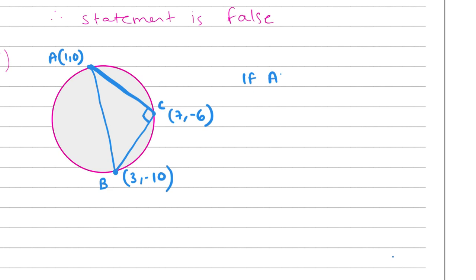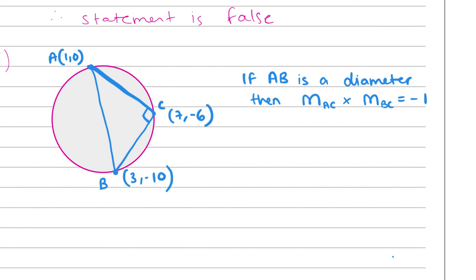So if AB is a diameter, then the gradient of AC multiplied by the gradient of BC is equal to negative 1. Why is it equal to negative 1?